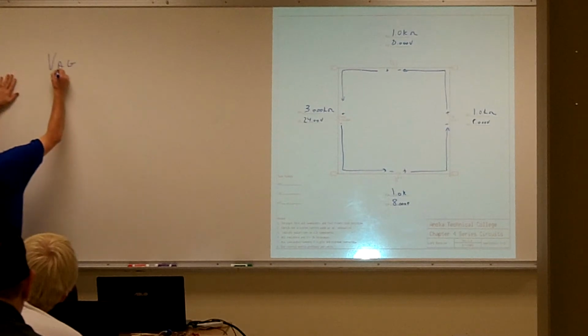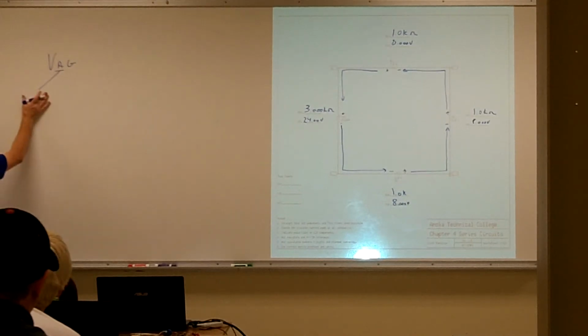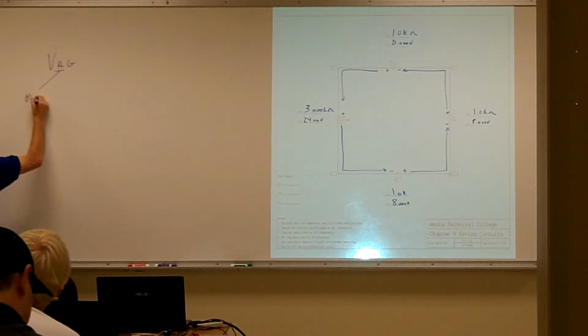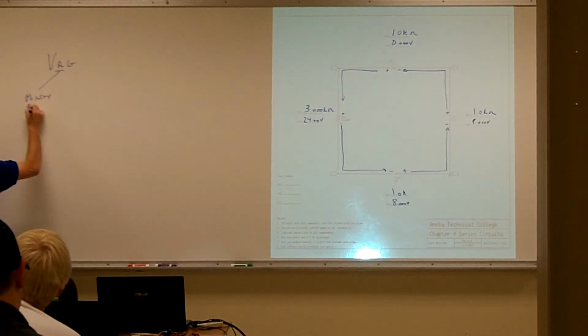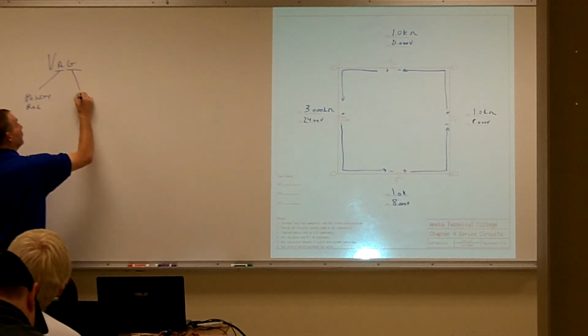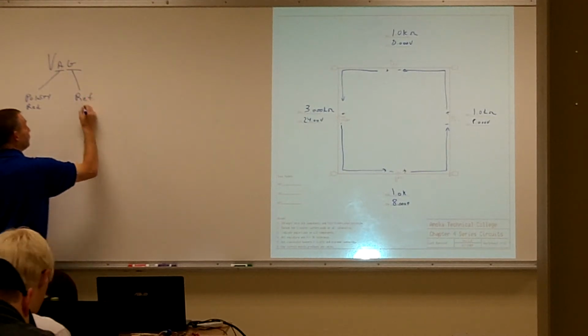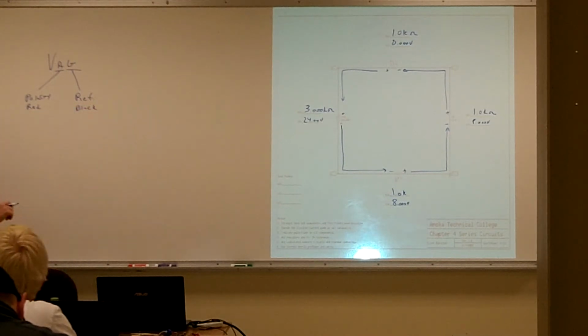So when we're looking at test points, our first letter is going to represent what? Test point A. Yep, test point A. What color lead do I put on there? Red. My red one. This is going to be my polarity, and that's going to be my red lead. The second one is going to be my reference point, and that's where my black lead goes.